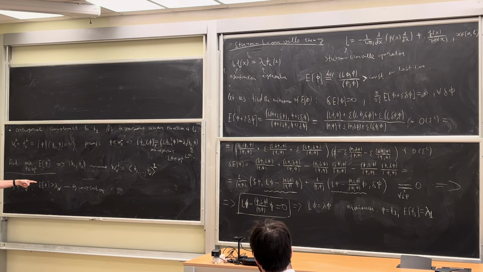The assumption is that these eigenvalues go to infinity. In a sense, if we send n to infinity, we can get arbitrarily high eigenvalues.